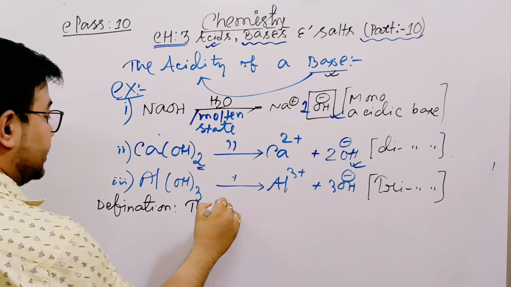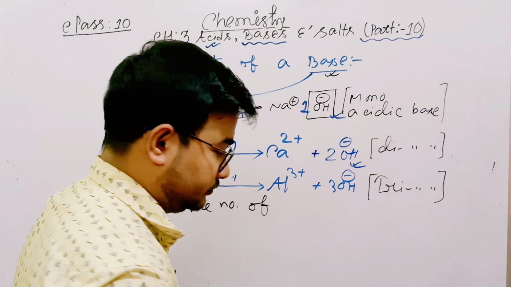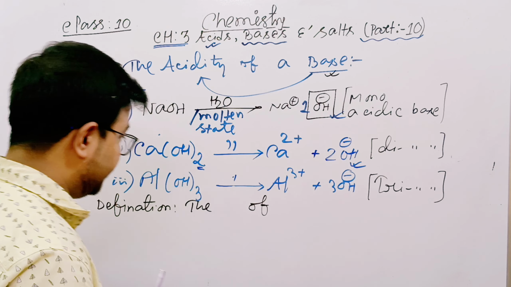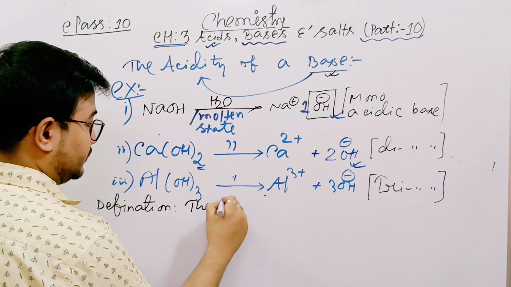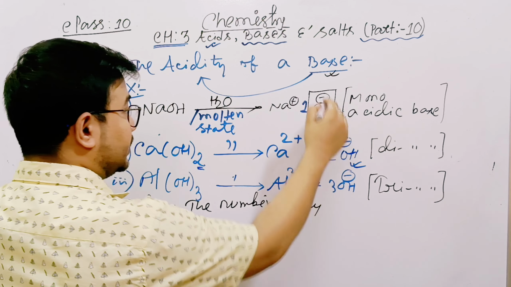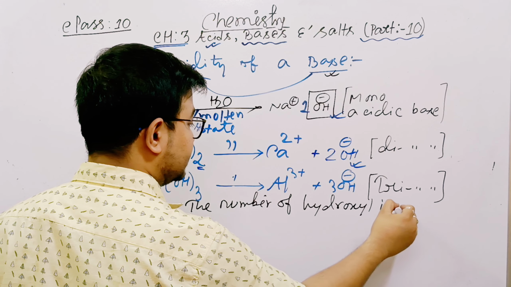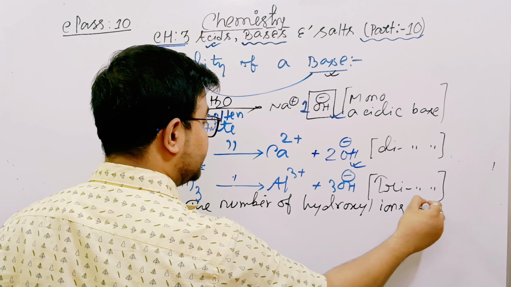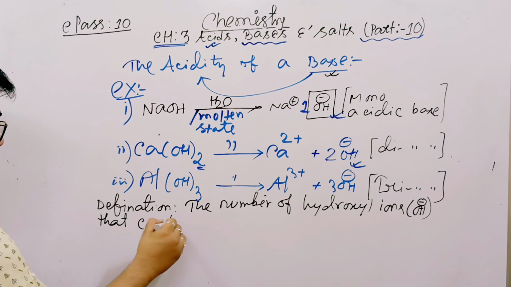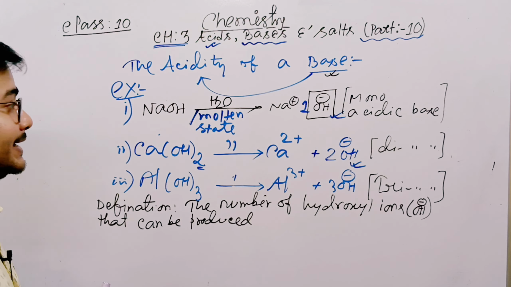Same concept: the number of hydroxyl ions, within bracket OH minus, that can be produced.